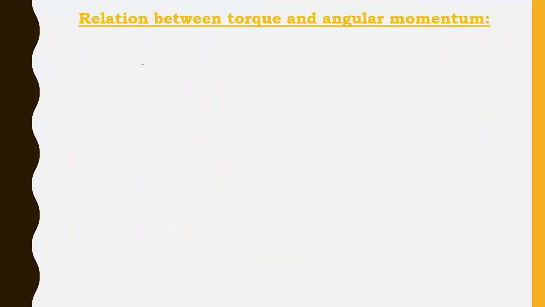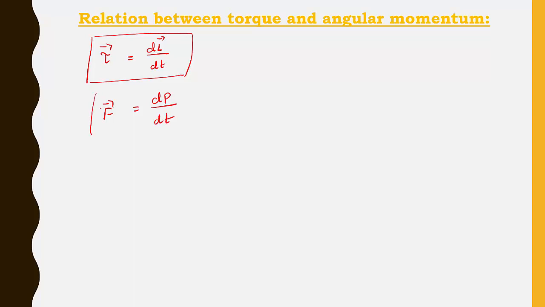We got the final equation, tau equal to dL divided by dt. In linear momentum, the final equation we derived is F equal to dP divided by dt. This equation also we studied in linear momentum of a system of particles.